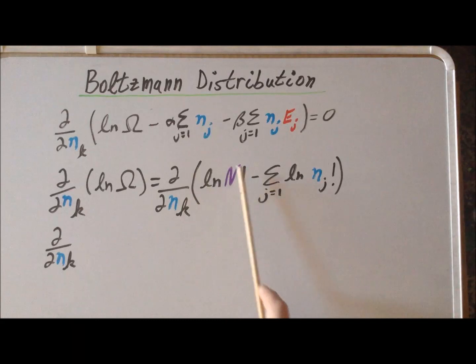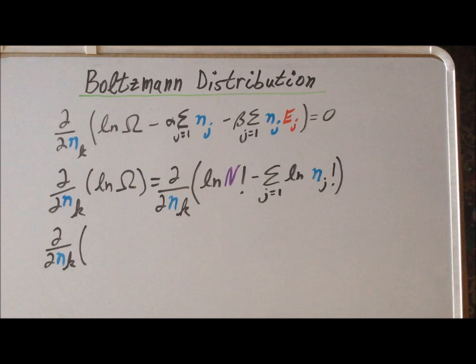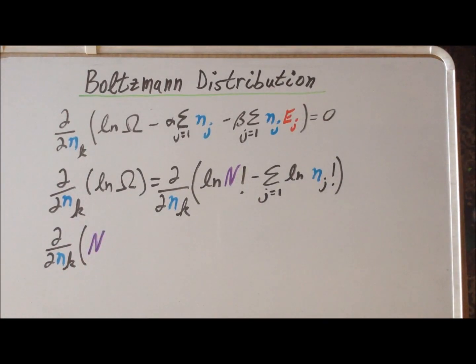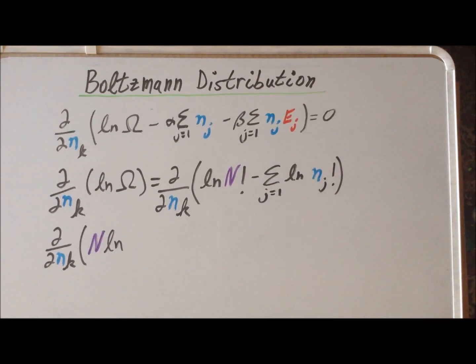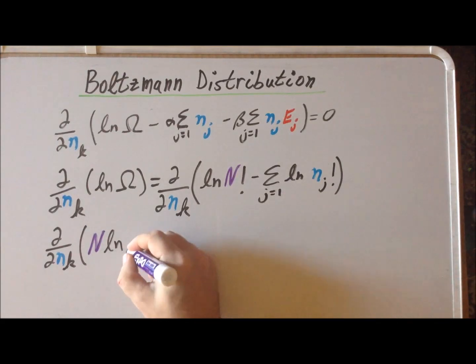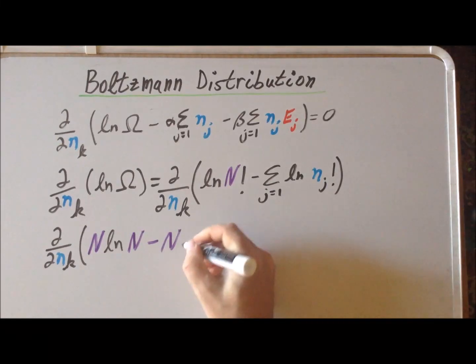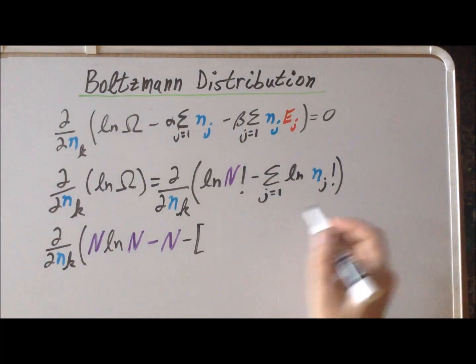So first let's write out this particular expression, and recall that Stirling's approximation here is going to be N times the natural log of big N minus N. So these two expressions are Stirling's approximation for the natural log of big N factorial. Secondly, now we're going to have Stirling's approximation for the natural log of little n sub j factorial.